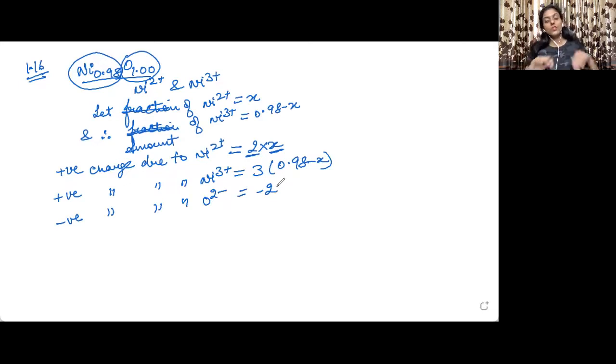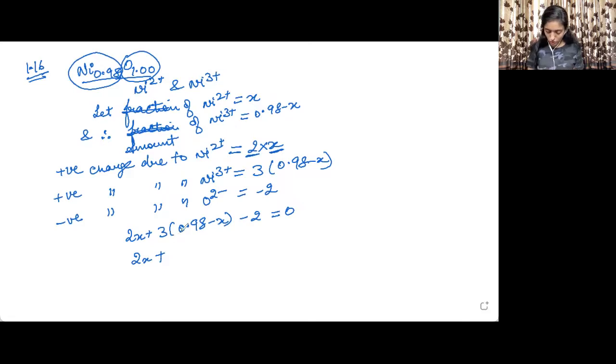Now the total charge on the crystal is equal to 0. So what we can do is we can add the positive and the negative charge and put it equal to 0. So 2x plus 3 into 0.98 minus x minus 2 is equal to 0. So 2x plus, let us just quickly calculate what is 3 into 0.98.